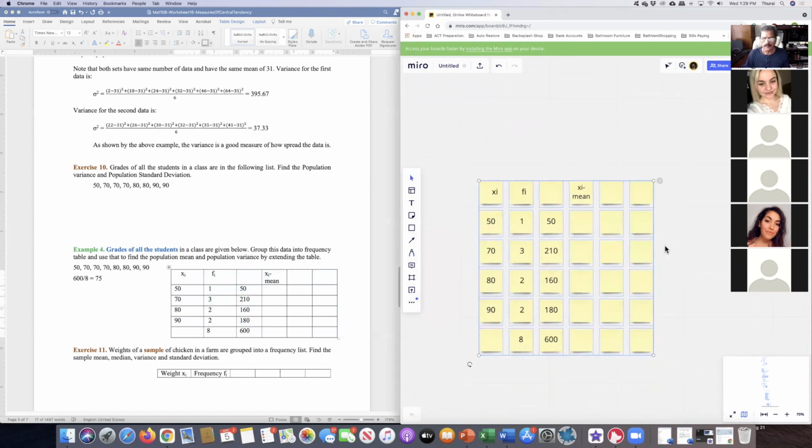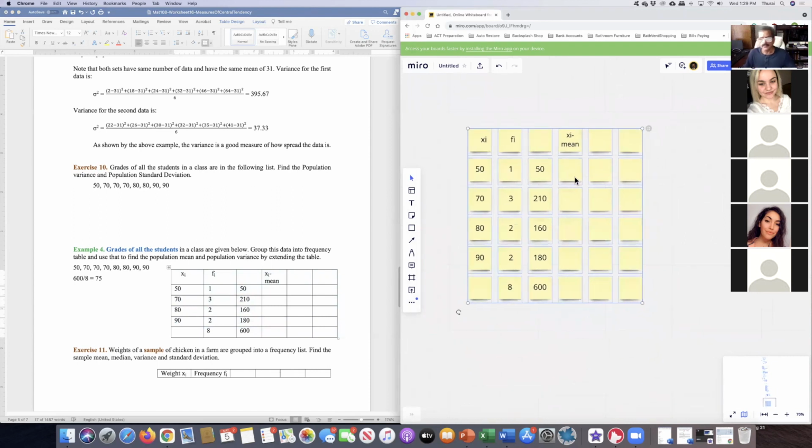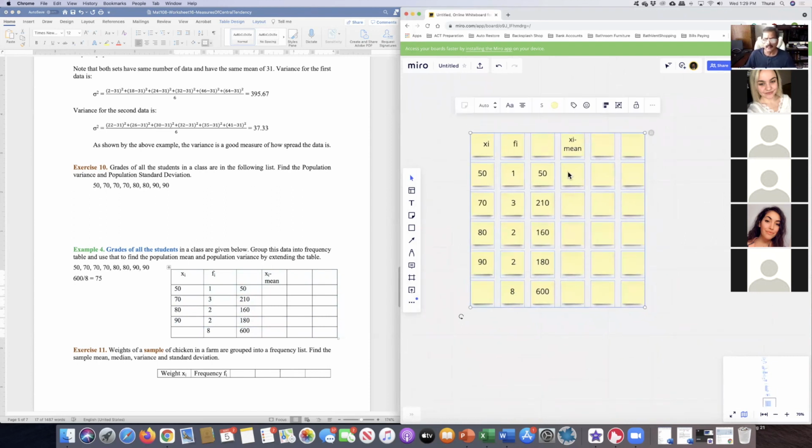All right, for some reason it gives you all these colors, but it doesn't matter. So xi minus mean, I need to do that. The mean is 75, so 50 minus 75 is minus 25. So this is the way you do the work in an organized way.